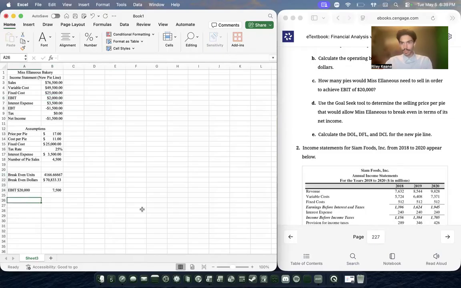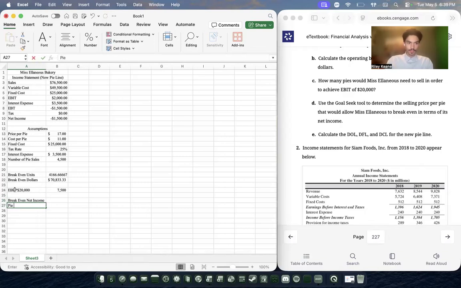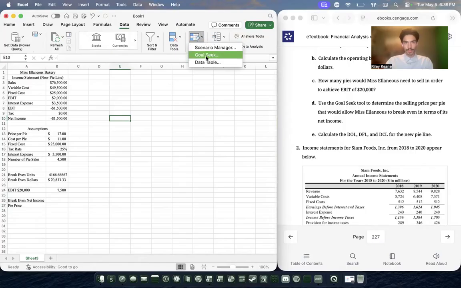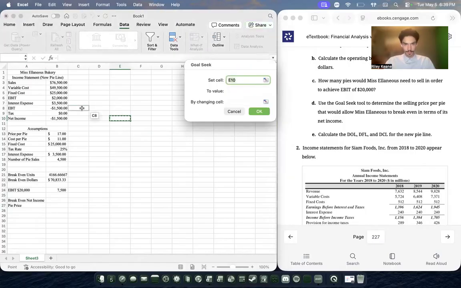So next, we're going to use the goal seek feature to determine the selling price per pie that would allow Miscellaneous to break even in terms of net income. So to do this, we're going to go up to data, go to goal seek, and we are going to change the net income to 0.